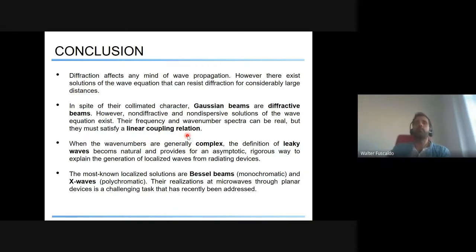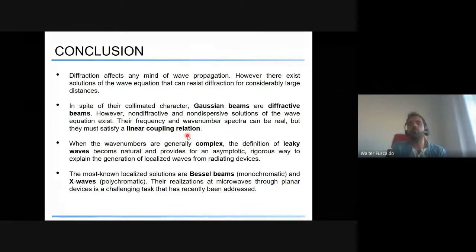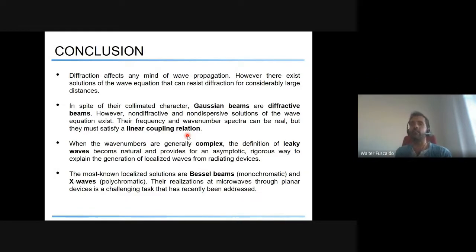So to conclude my seminar, I hope you enjoyed this topic. I started from a very general physical phenomenon that is diffraction, and commented on the possibility to beat such a diffraction limit that affects any kind of wave propagation by looking at some peculiar solutions that can resist diffraction over considerably large distances.